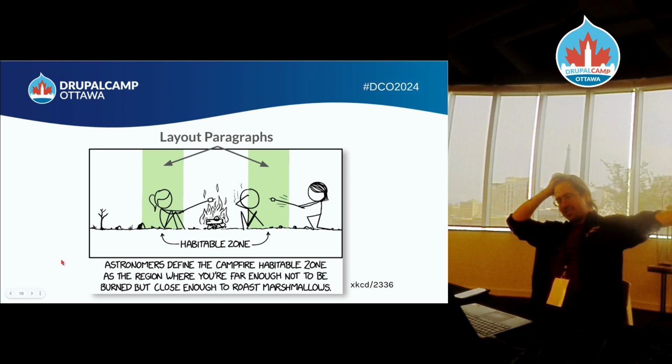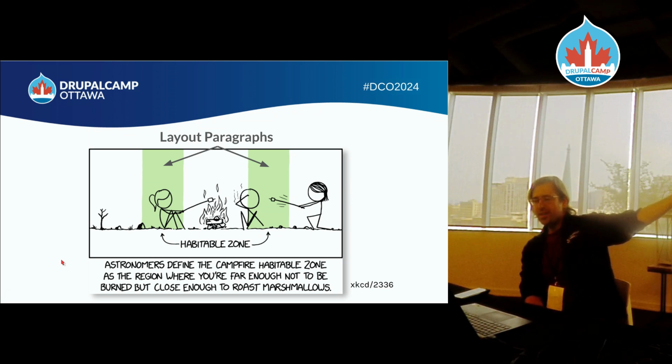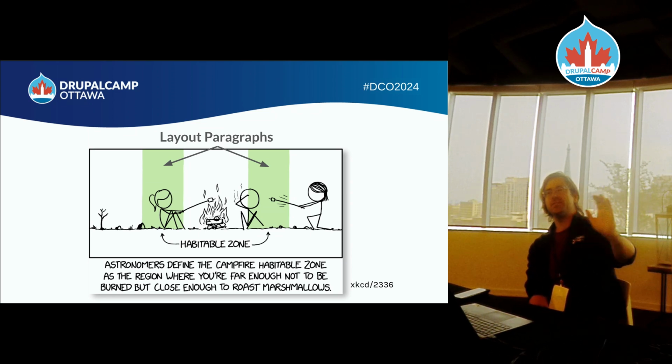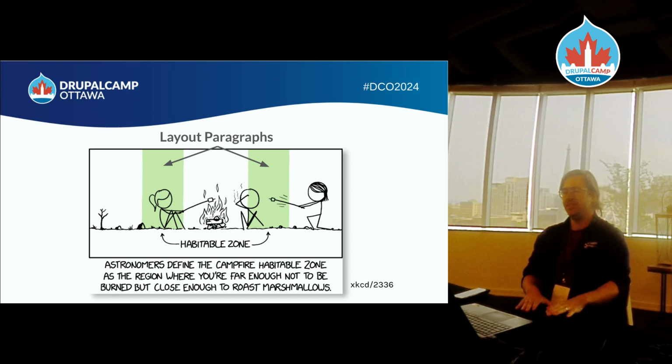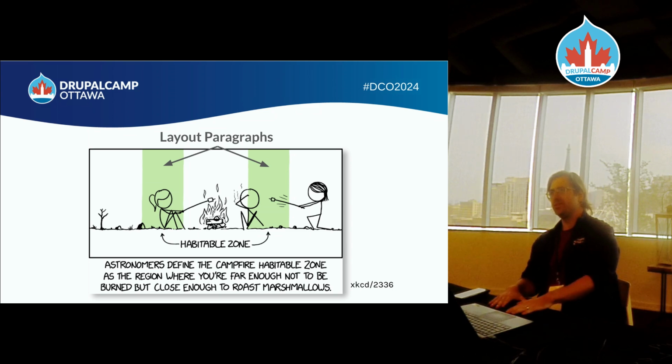So I have a nice XKCD to also talk about this, where we're not necessarily roasting marshmallows, but when it comes to what our job is and what we're expecting people who are creating content to do, if they get too hot, then they're getting burned, or a lot of what they're doing is that they need to know HTML, or they need to know what's happening with the Drupal styling and theming.